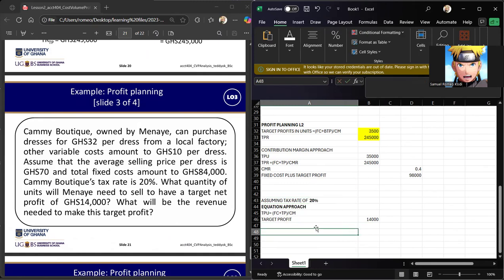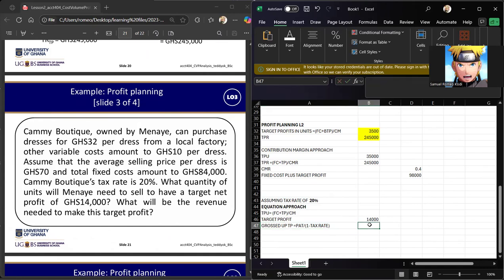To gross up, our target profit equals our profit given to us, that's our profit after tax, divided by bracket open 1 minus the tax rate given to us.